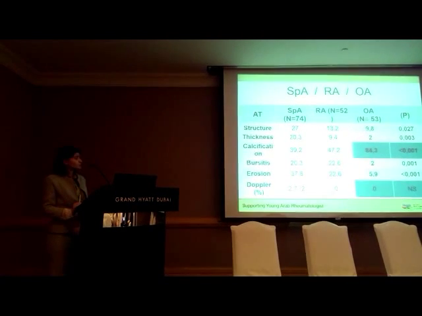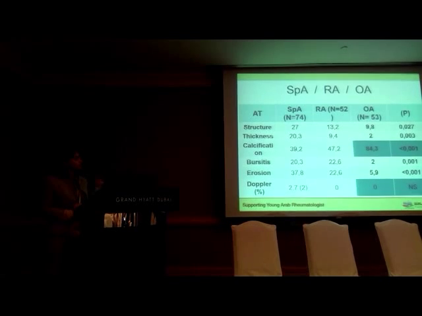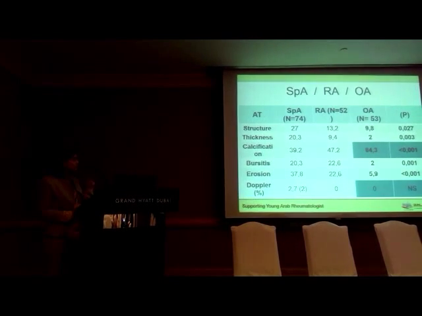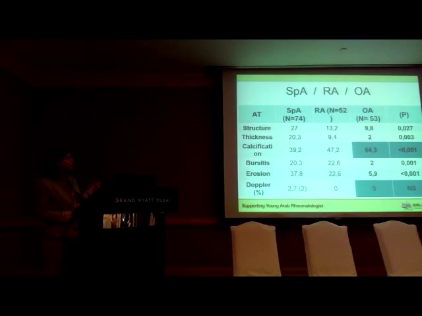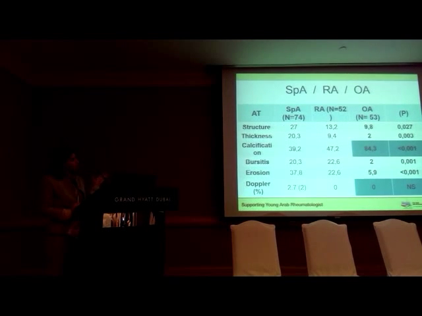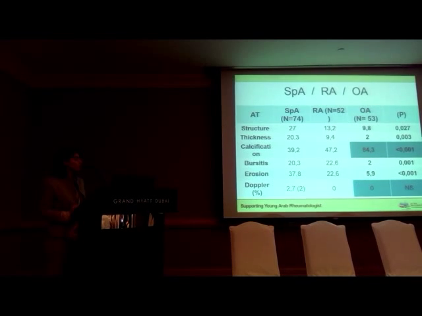For the Achilles tendon, we noted that calcification was more present in osteoarthritis, and that erosion, bursitis, and the abnormalities of thickness and structure were all less common in osteoarthritis.